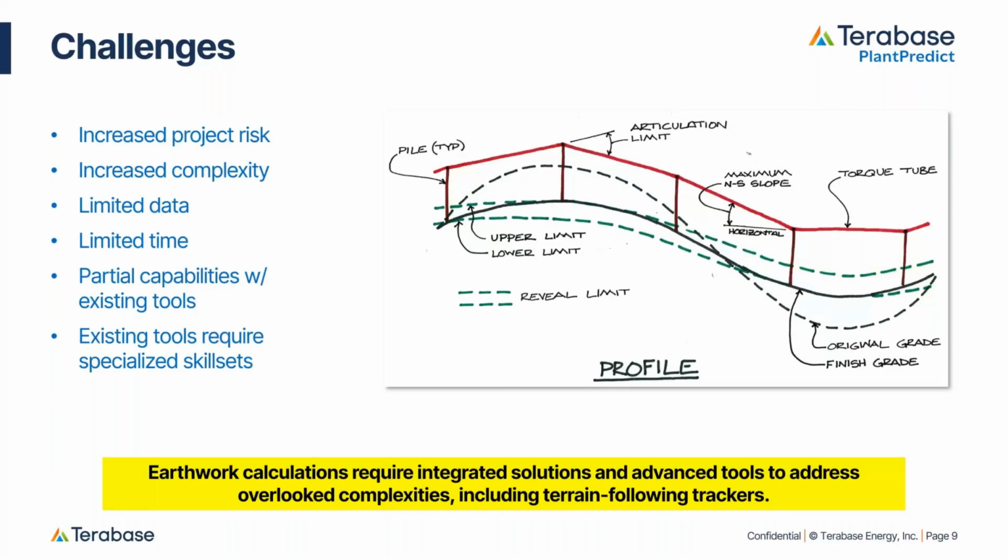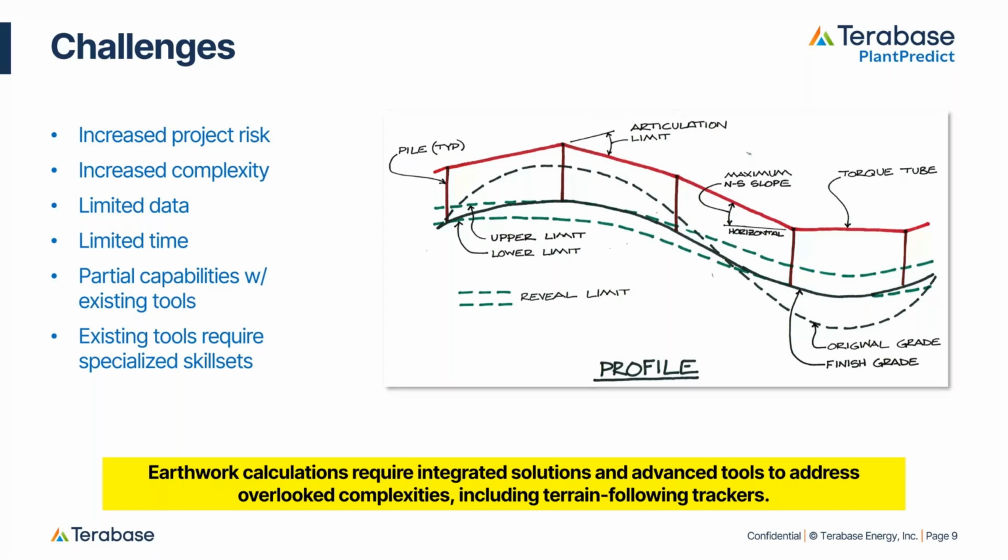We have soil constraints. Those soil constraints could be things like depth to bedrock, and things like that can complicate the design and construction. And if you don't know how much earth you need to move, then you could be putting your project at risk. Then we have terrain following trackers themselves.